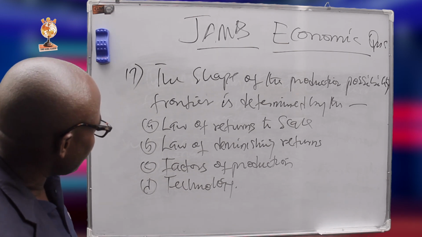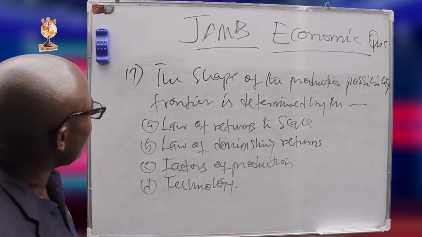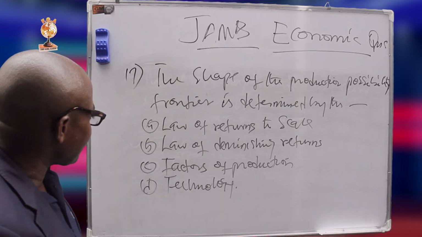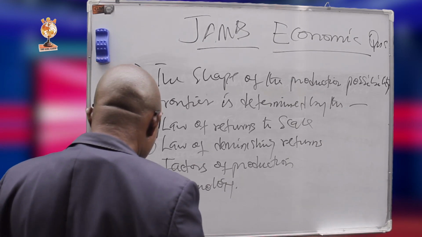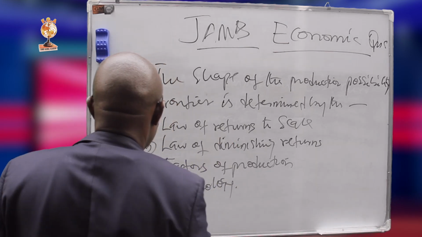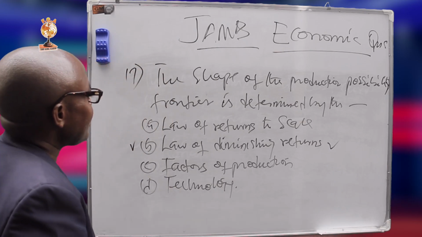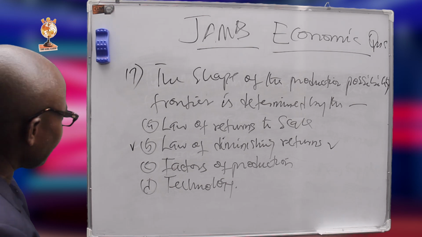They are factors, but they are not the factors we are looking for here. The shape of the production possibility frontier is determined here by the law of diminishing return. So here we picked our answer. That is the determinant factor that we have in this frontier.